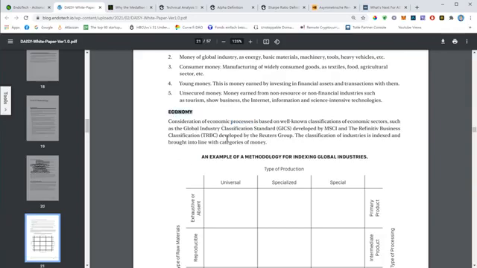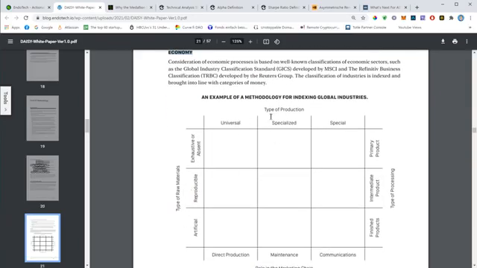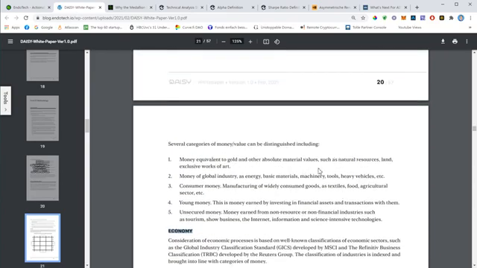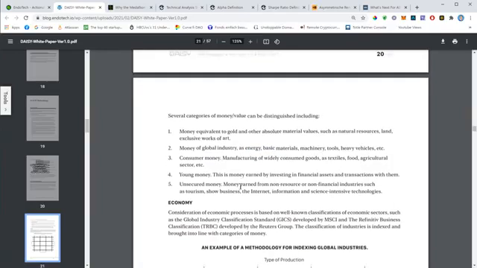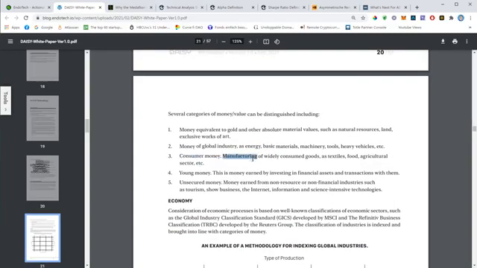As far as the economy, they will have different clusters where the data will be placed, and there are several categories of money that they explain. You will have material values such as natural resources, land, exclusive works of art, and then money of global industry, such as energy, basic materials, machinery, tools, heavy vehicles. You have consumer money, which is manufacturing of widely consumed goods. You will have young money, money earned by investing in financial assets.